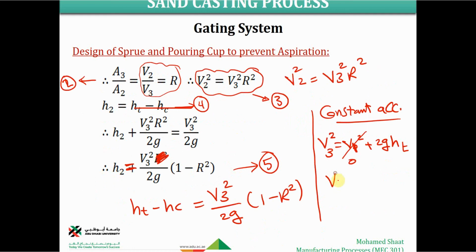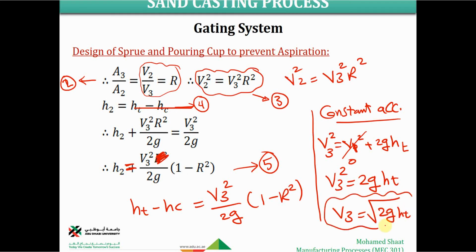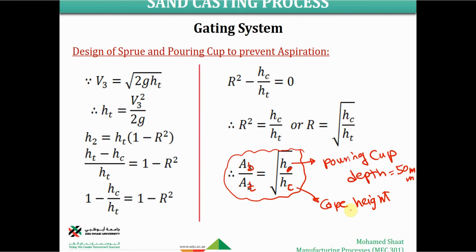So what does it mean? It means that V3 square equals 2G HT. Taking the square root, this gives us V3 equals the square root of 2G HT. What is HT? This should be the cube height or the total height, as we discussed. And this is what gives us this equation.